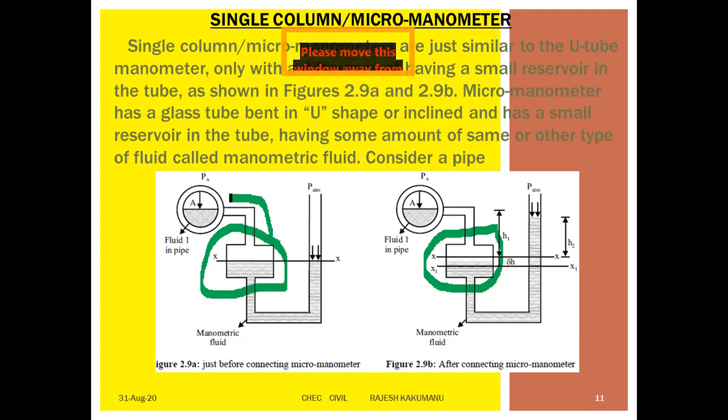That is nothing but the manometer. Here we are using liquid as a medium, whereas in pressure gauges we are using a spring or a bearing for getting changes. So that is about the U-tube manometer.